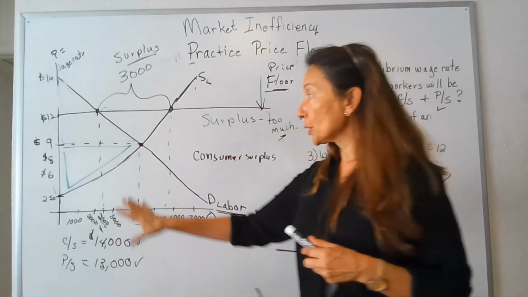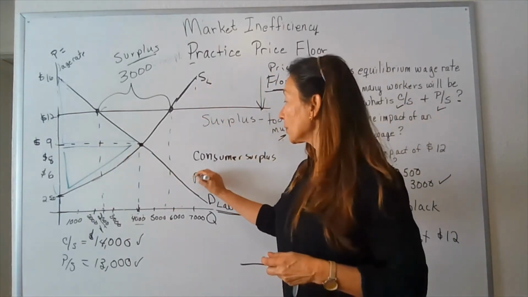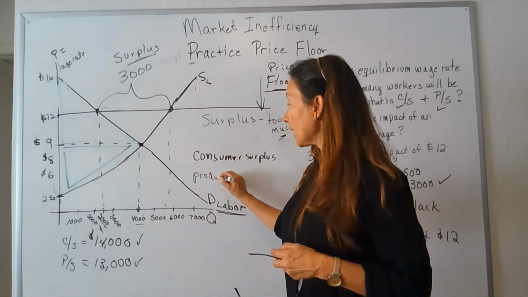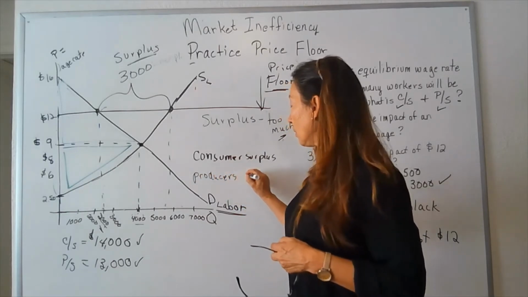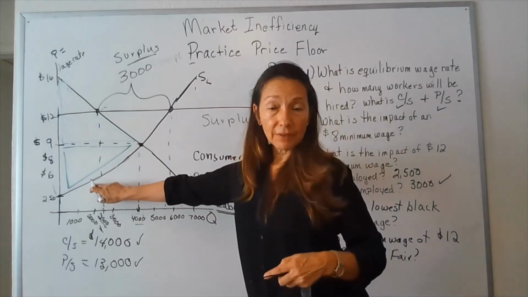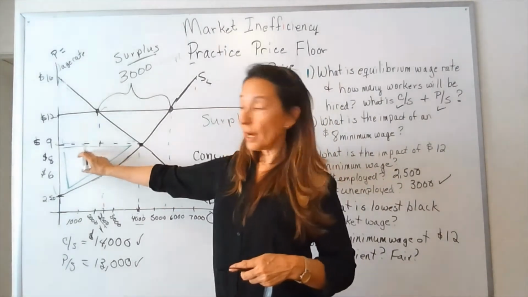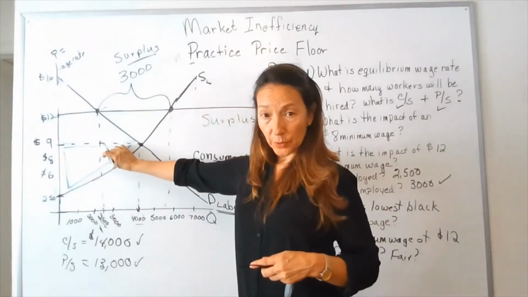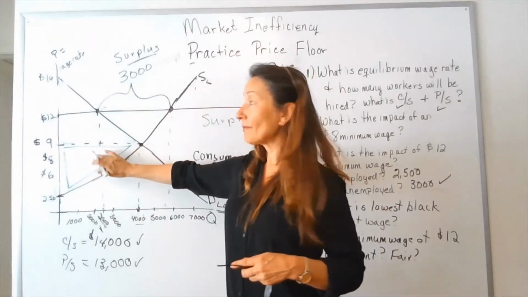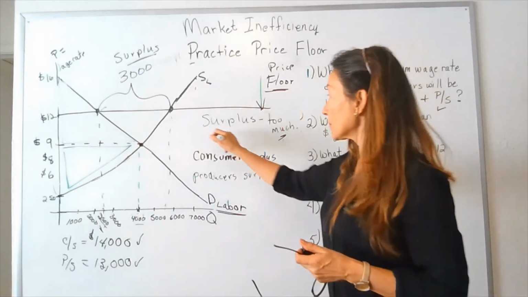Then we have producer surplus, which is the value that producers get when the minimum amount that they're willing to sell the product for is less than the equilibrium price. We also have total surplus when we add these up.